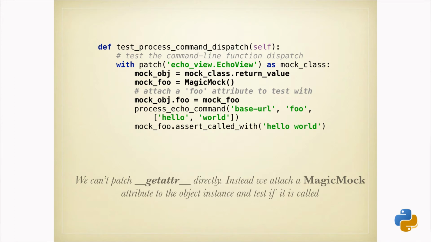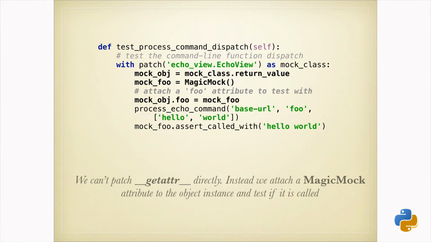So let me just walk through the slide a bit. First of all, we've got our test case, and we're patching the ECHOView object as a mock class. What we do is set the return value to be a MagicMock object.